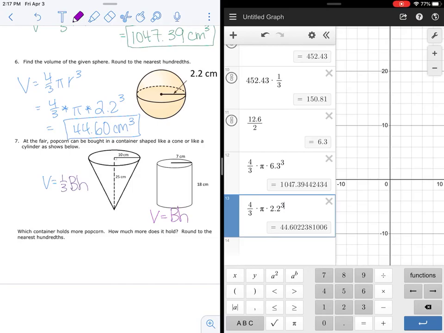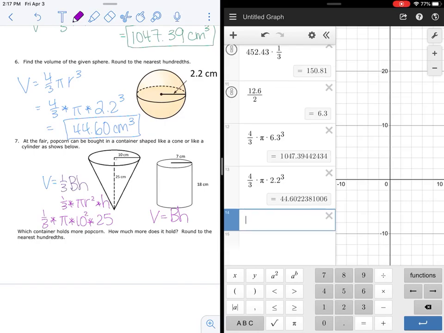So I'm going to do the cone first. It's 1/3 times pi r squared, and then multiply that by the height. So pi r squared would be pi times 10 squared times 25. So I'm going to just do that in one line.